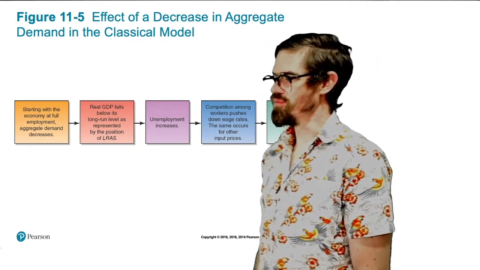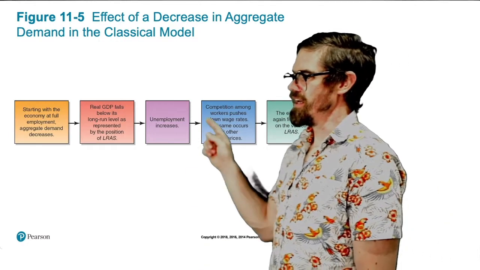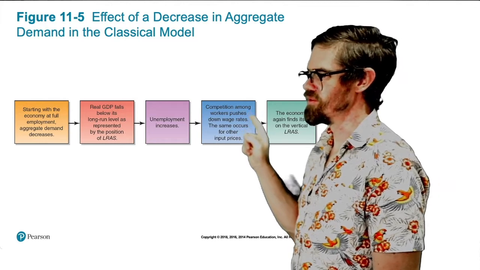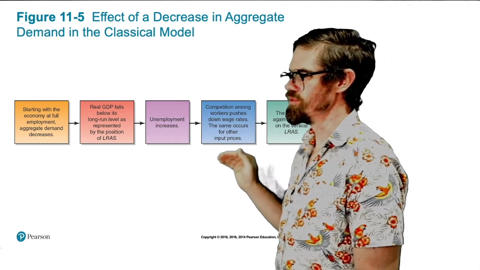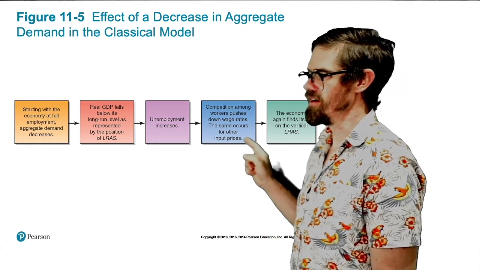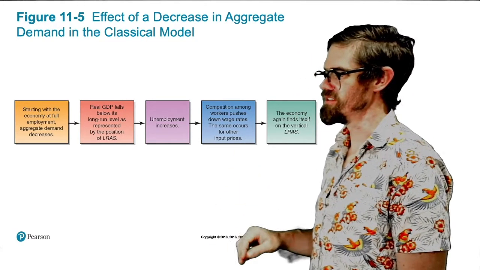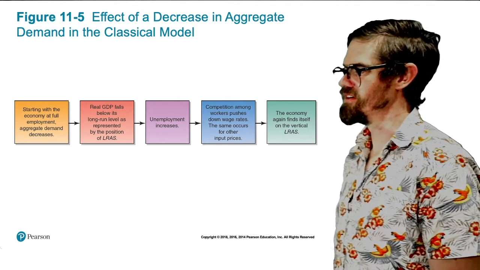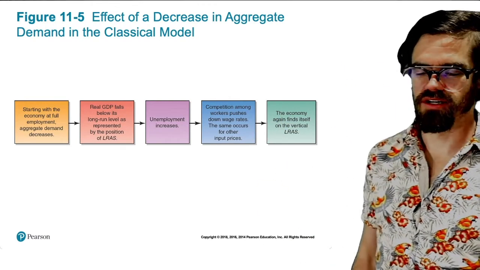As a result of that, unemployment increases, and as unemployment increases, compensation among workers gets pushed down. It pushes wage rates down, and at the same time, other input prices decrease, and the economy again finds itself on the vertical long-run aggregate supply curve.